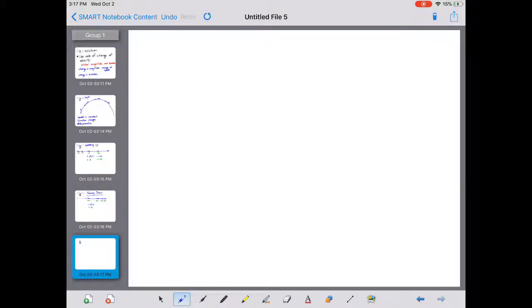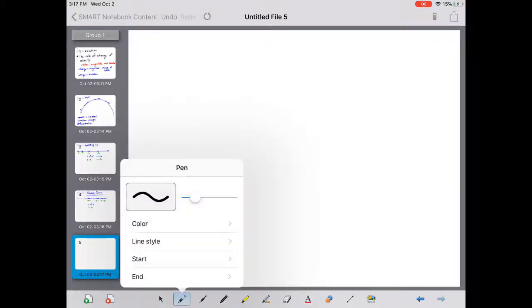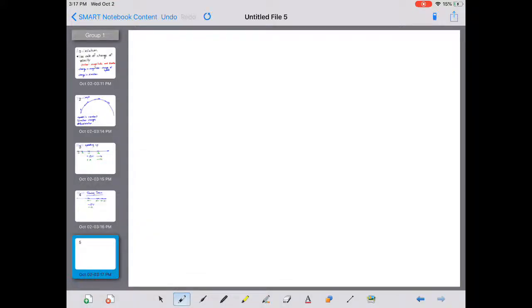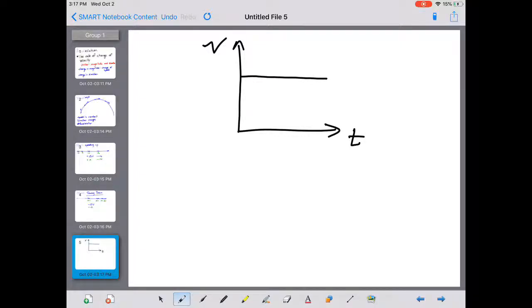One of the main ways that we're going to look at acceleration is from a velocity versus time graph. On a velocity versus time graph, when we did constant velocity, we were used to seeing graphs that were flat like this. This told us that at any moment of time, I'm experiencing the same velocity because I was moving at a constant rate.